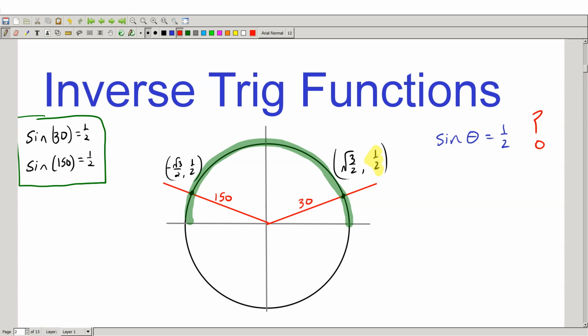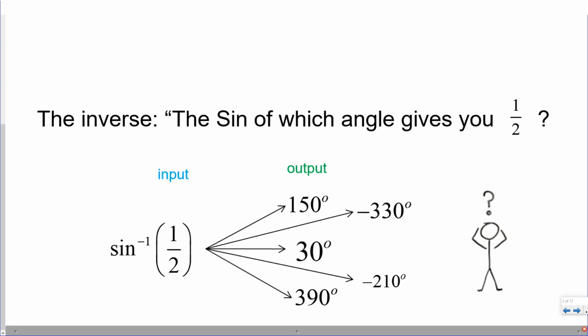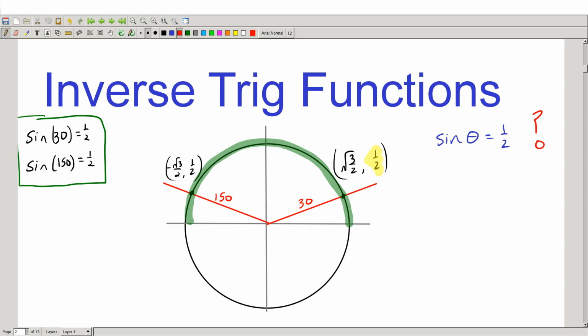So we have a little bit of a problem here, because if we want to use this notation for this inverse relationship, the question that I just asked is, where's the sine 1/2? And there are a lot of different angles that make that true: 30 degrees, 150, and actually any coterminal angle from those 30 and 150 would also make it true. So there's an unlimited number of angles here that would make this equation true.